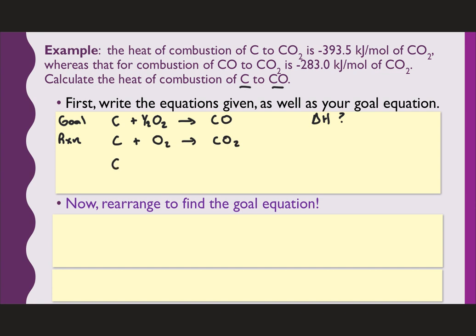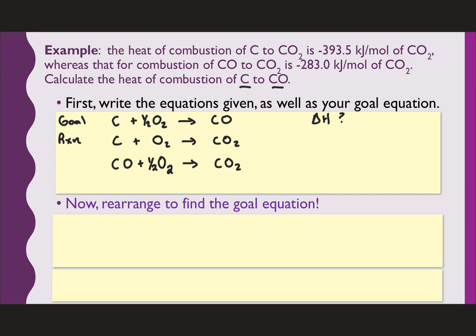But they also give us another reaction, the combustion of carbon monoxide to carbon dioxide. For this one, I need to go ahead and put in oxygen as well, because again, it's a combustion. But in this case, I only needed 1 oxygen to make this happen, so I'm going to throw another 1/2 coefficient.